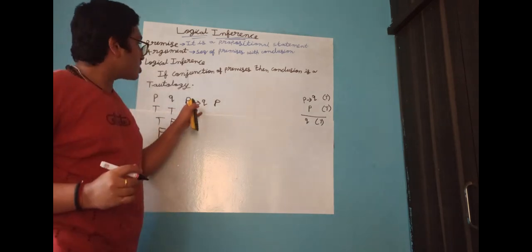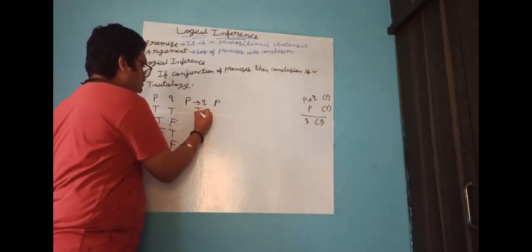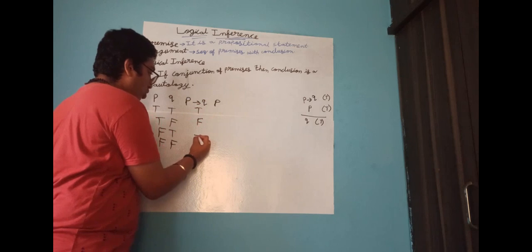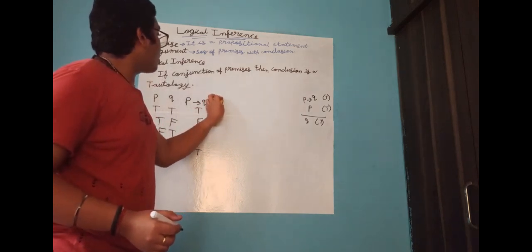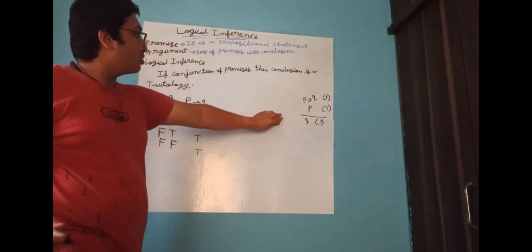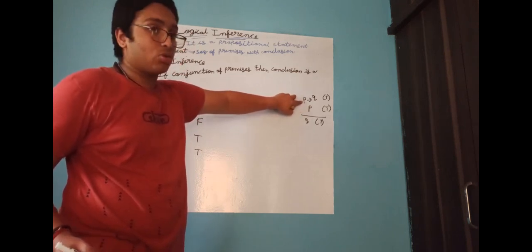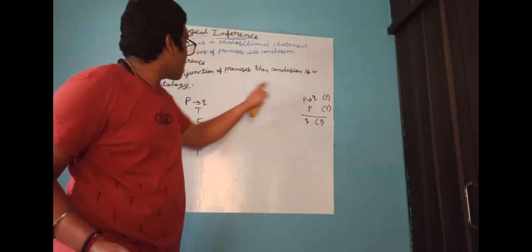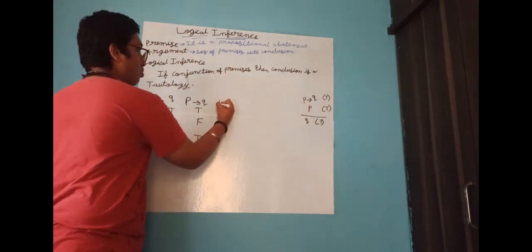Now this is one of the premises, P implies Q. Already we know this one, so I am not going to explain. And here again no need to write P, but for showing that it is a premise I have written it. Now P implies Q, and we need to do the conjunction of premises, this and this. What will we get?